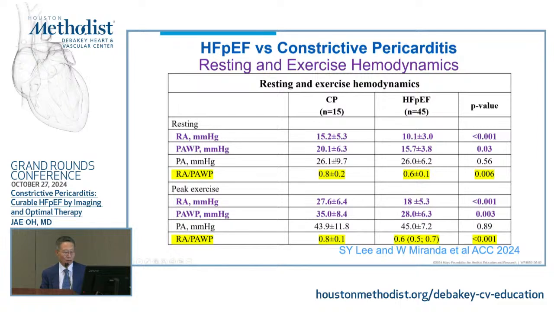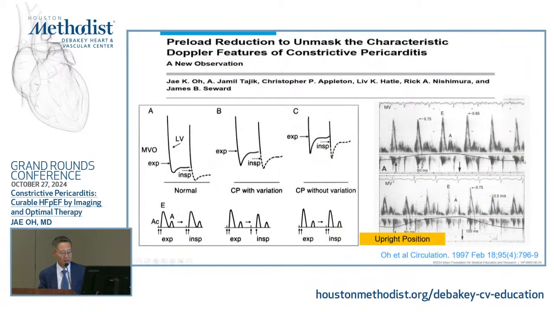One value itself may not be able to separate one or the other, but in terms of the hemodynamics, I thought it was interesting that constriction has a lot worse hemodynamic burden with exercise, and especially the right atrial to wedge pressure ratio is much higher because of right side heart failure with constriction, and a little less in the patients with HFpEF.